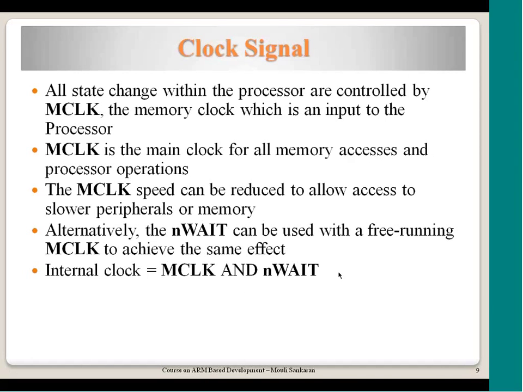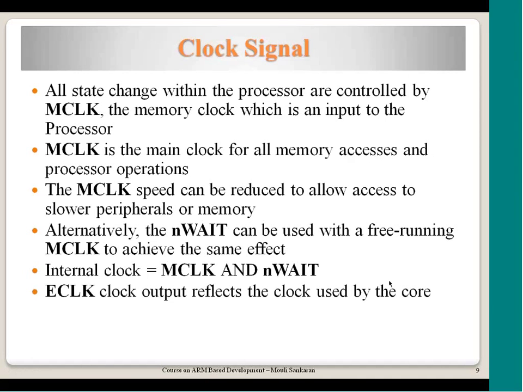Any clock will have a high pulse. I will show you the description of this clock. When nWAIT is added, if it is low, the clock is frozen and kept low. Only when nWAIT is high, that is 1, is MCLK taken in as a clock and the processor runs at that speed.